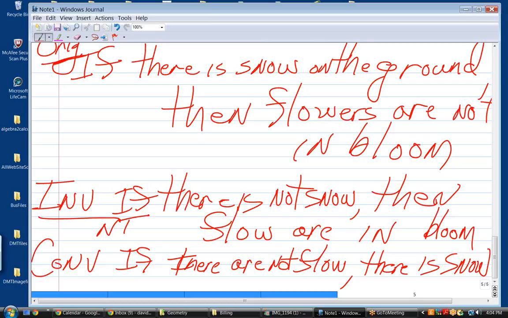Not always. If it's the middle of July, you don't always have flowers, right? Sometimes during December, you're not going to have snow on the ground. The key here is if we do not see any flowers, can we assume that there's going to be snow? No. I'm looking at my backyard right now and I don't see any flowers. But there's no snow. So that's also not true.